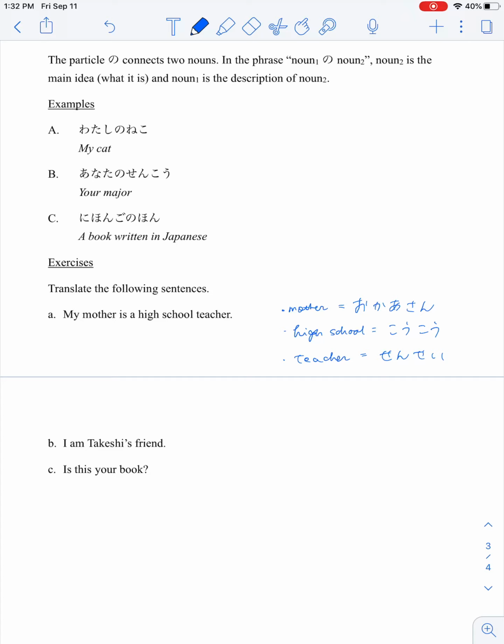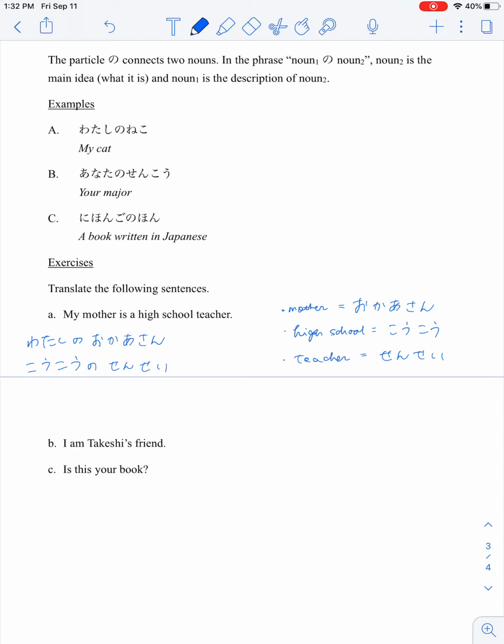So first, my mother would be watashi no okaasan. And high school teacher will be koukou no sensei.